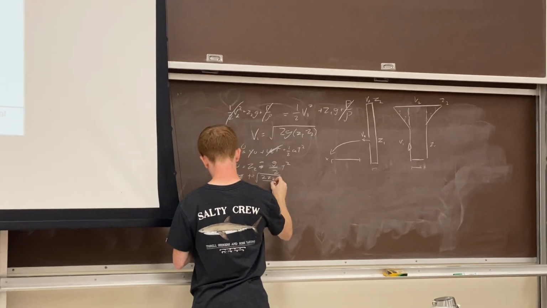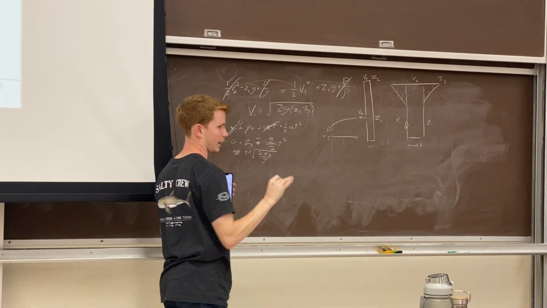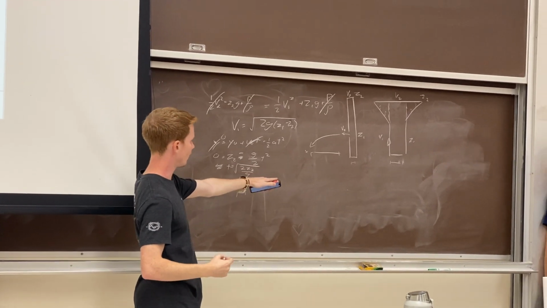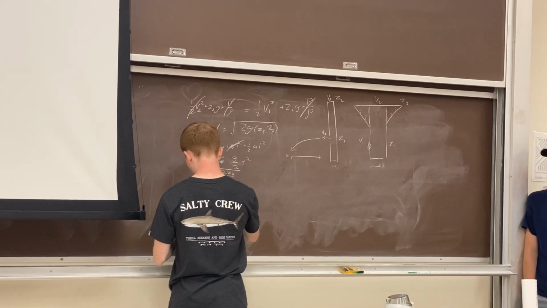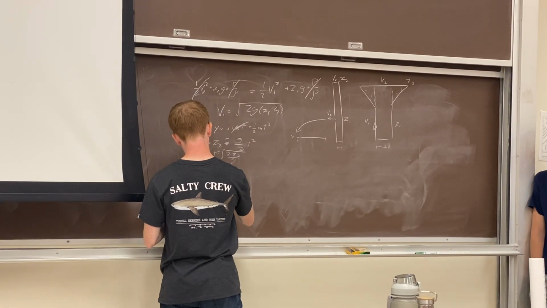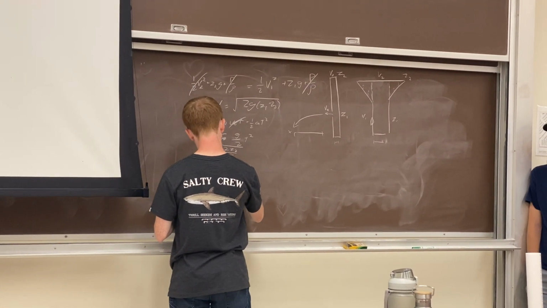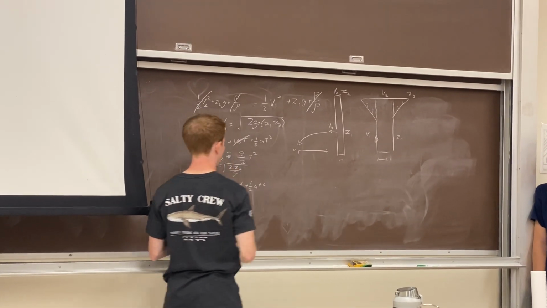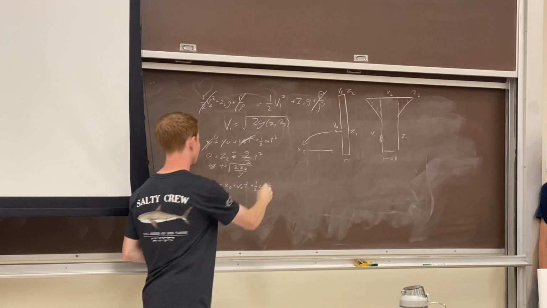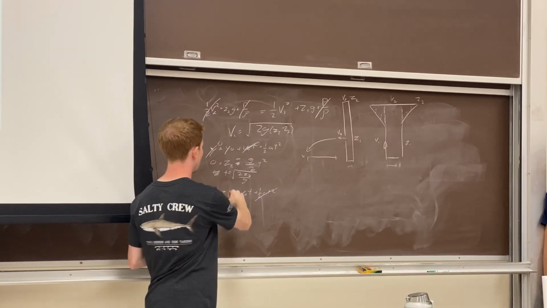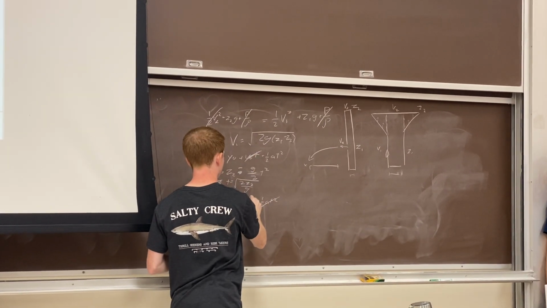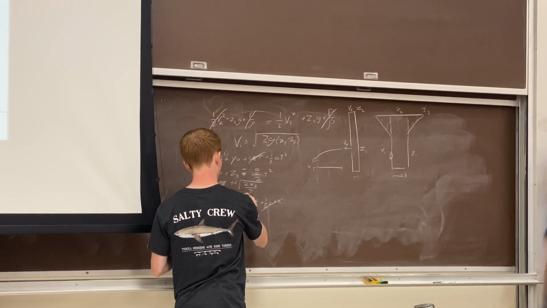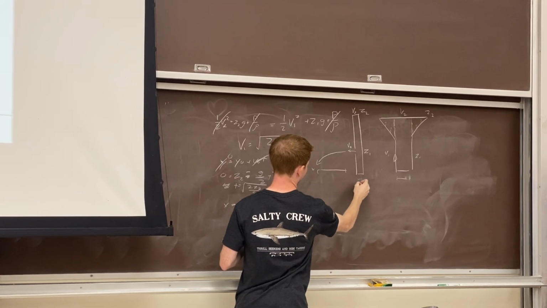This is all quick algebra that I did on my own, but now that we have t, we can solve for the x value. So x is going to equal x naught plus v naught t plus one half a t squared. Again, the horizontal acceleration will be 0. V naught will be v1. And then x naught will be 0, since we'll have our coordinate system right here.